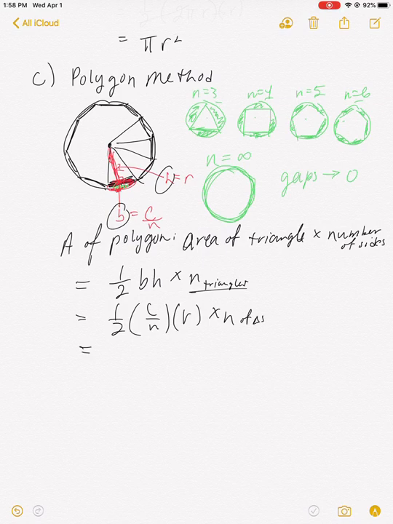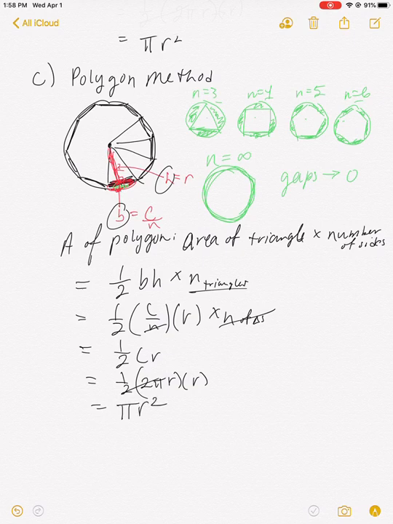So we're going to cancel off the number of triangles first, and then we have 1/2 CR again, which is equal to 1/2 times 2 pi r times r. Those will cancel, and we get pi r squared. Okay, so that's the polygon method.